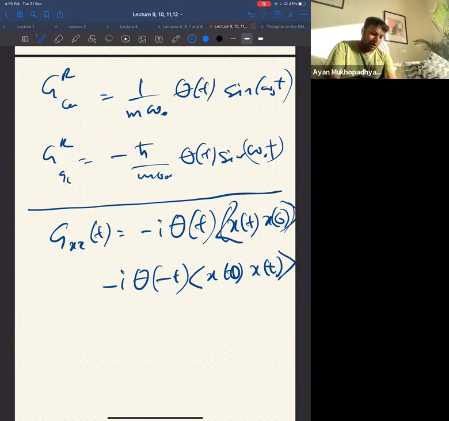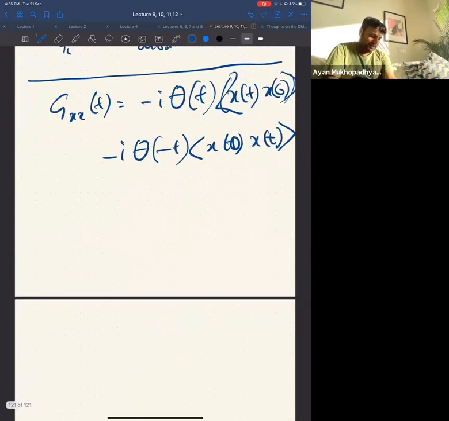Okay. So now let me see what I get if I take a derivative of the Feynman propagator. Let's verify explicitly that it satisfies the same equation.